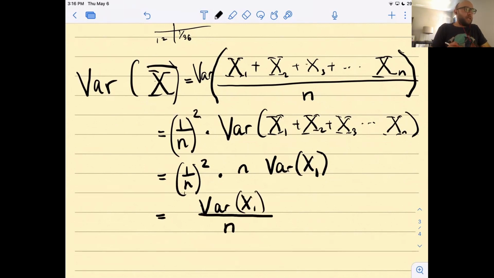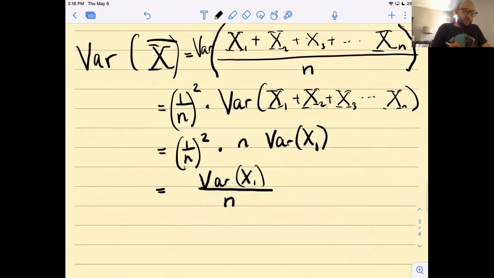And now, to get the standard deviation, we have to take the square root of both sides.